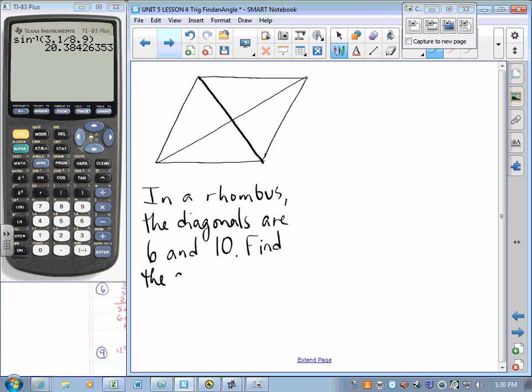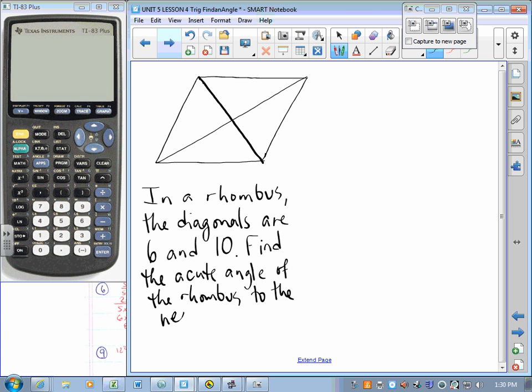Find the acute angle of the rhombus to the nearest degree.